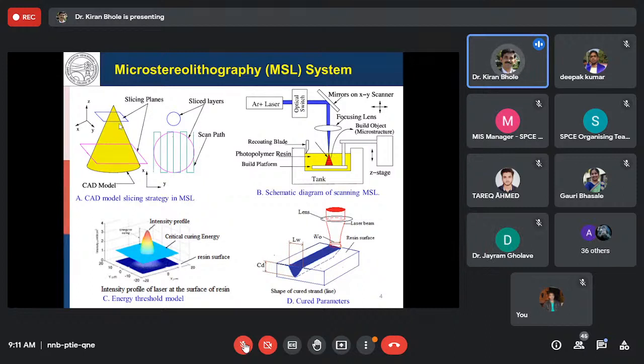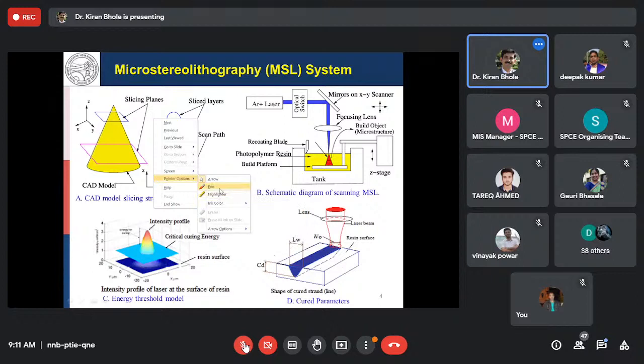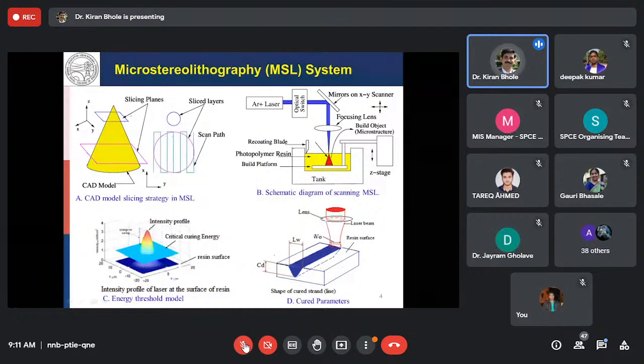Then what we do in additive manufacturing mostly is slicing. This 3D CAD model is sliced into a number of 2D planes. These slice planes are used to slice this particular 3D object. After slicing, what we get is a number of 2D planes.